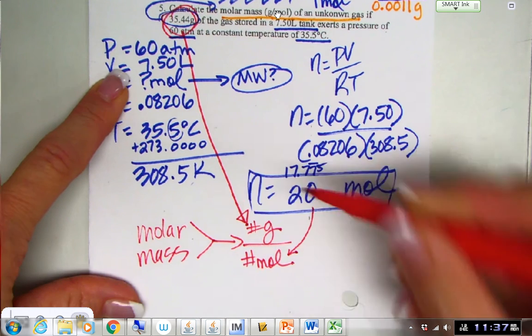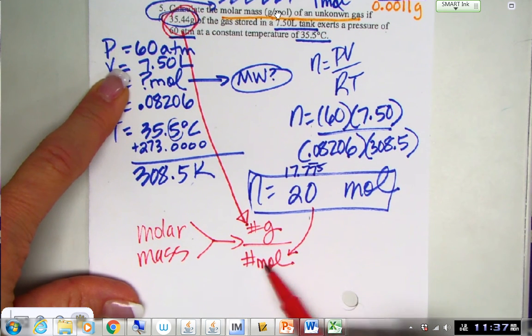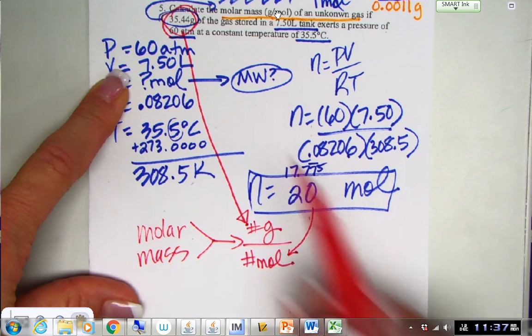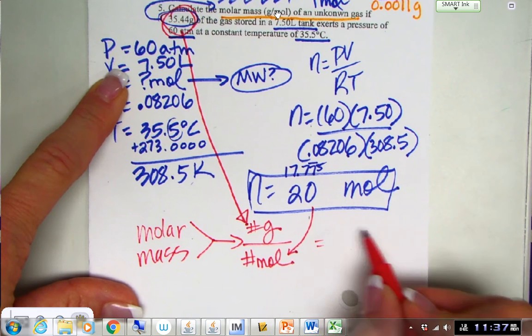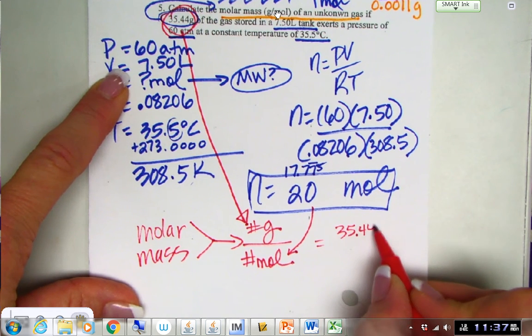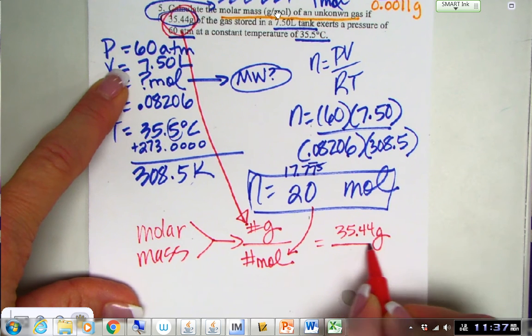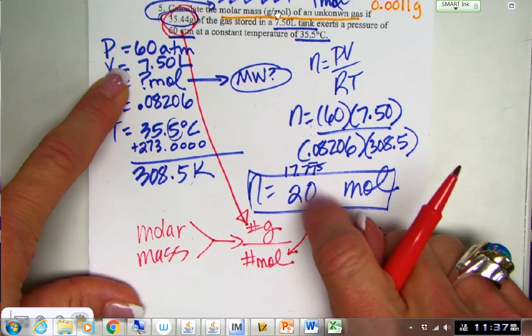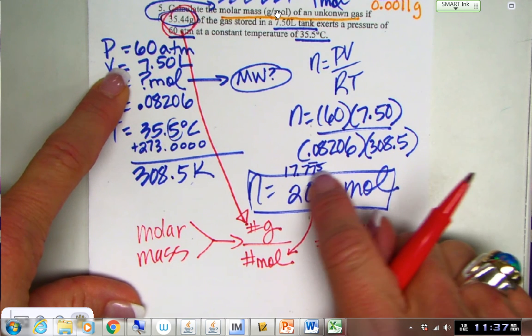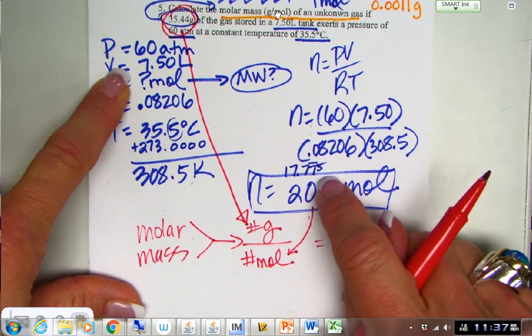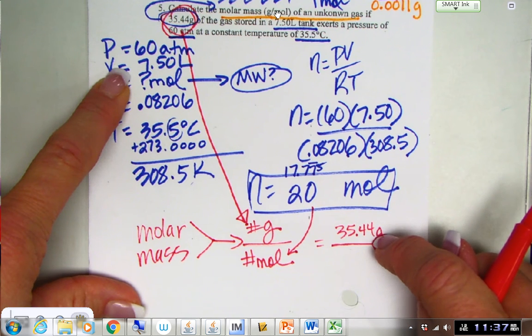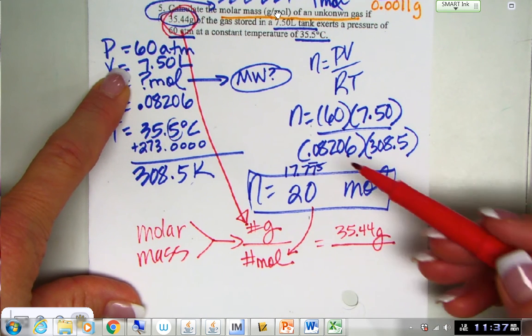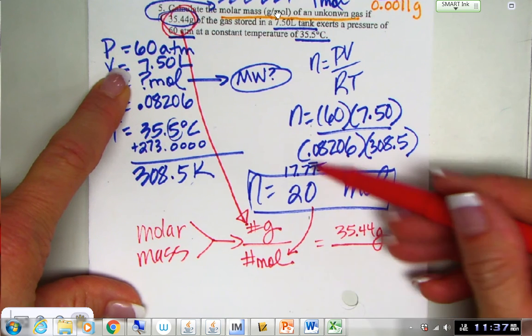You see, we need our units to be grams divided by moles. And so you're going to make that happen by taking the grams, 35.44 grams, and you're going to now divide it by this number you got. Now, I have not cleared my calculator out. I still have this 17.775 number in my calculator. So I'm just going to say 35.44 divided by, and on your calculator, you go second answer, and that'll pull this whole number in.